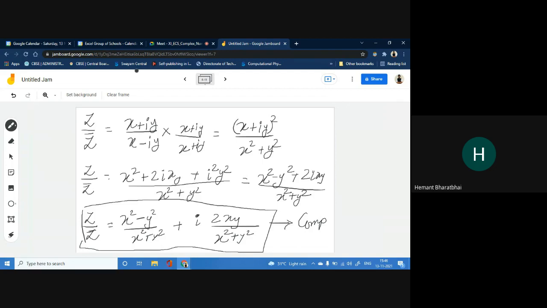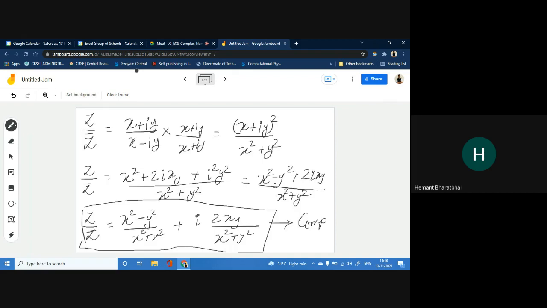With the conjugate, instead you get a complex number only. We saw that when you multiply, when you add a complex number with its conjugate, you get again a purely real number. And when you subtract a complex number from its conjugate, you get a purely imaginary number. But when I'm dividing a complex number with its conjugate, I'm not getting any kind of a purely real number or a purely imaginary number. Instead, I get a complex number only. So there are four things you have to remember. Okay, when you multiply a complex number with its conjugate, you get a purely real number. Adding also gives you a purely real number.